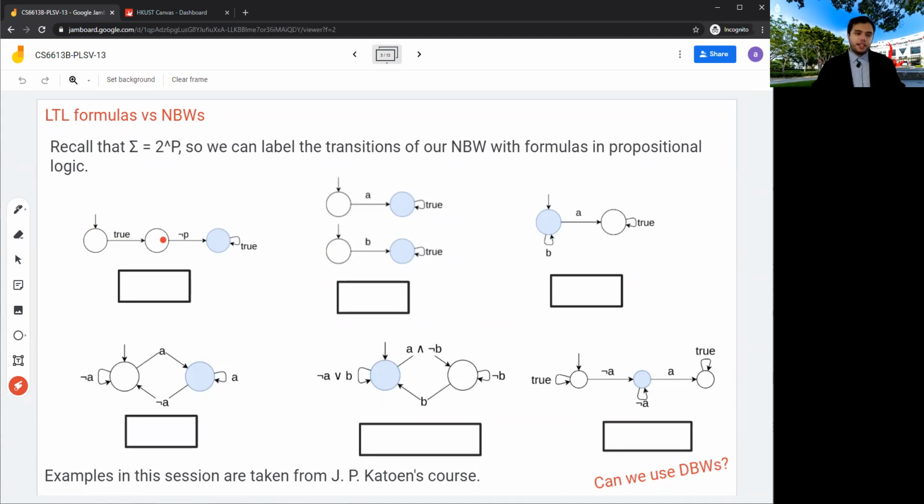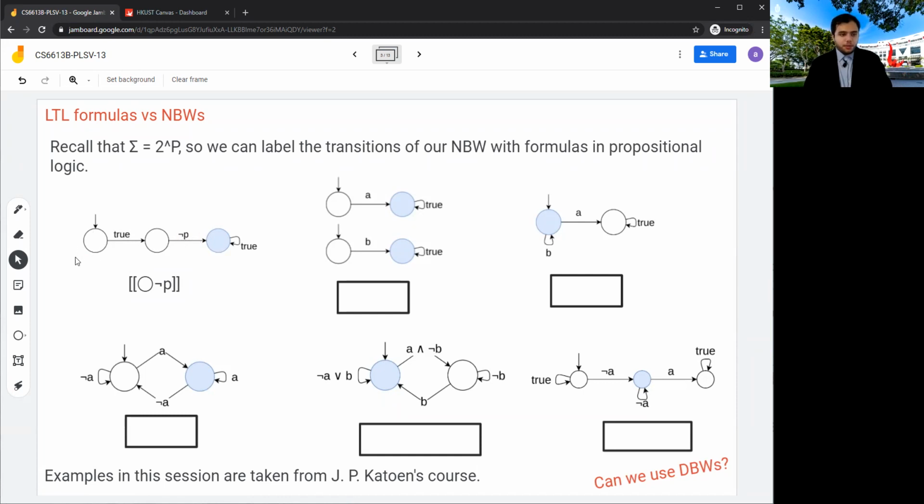So you have an infinite string and the first letter is basically ignored because no matter what the first letter is, it satisfies true. And you go here, but then the second letter should satisfy not P. No, it's not eventually not P. It's actually next not P, because the first letter is ignored, and then in the second letter, you should have not P.